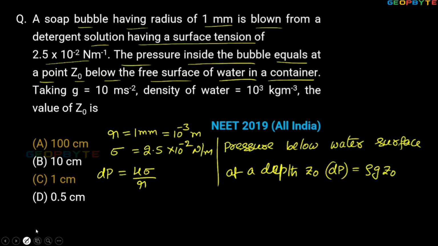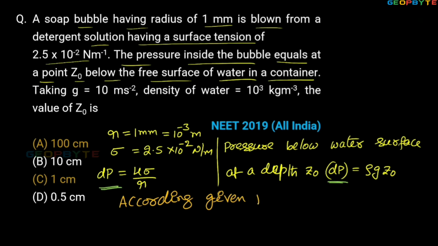So according to the given problem, 4 sigma by R is equal to rho into G into Z naught.